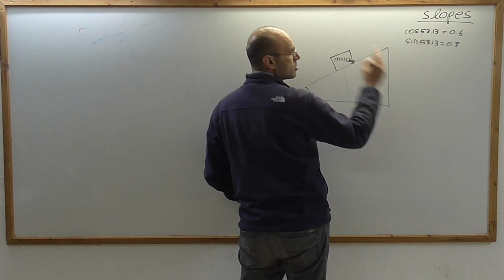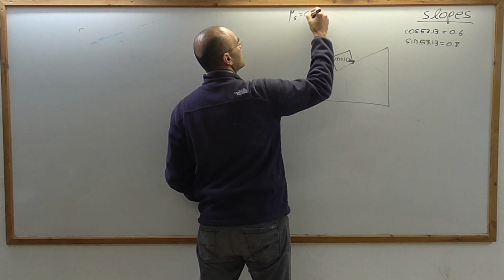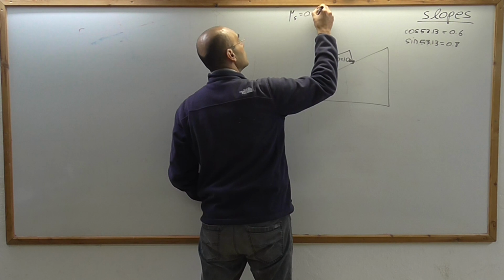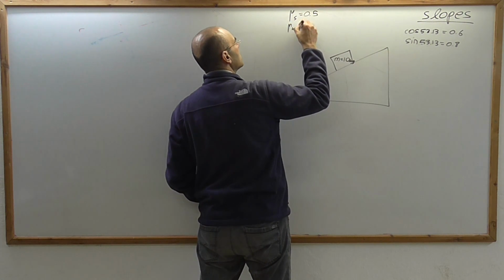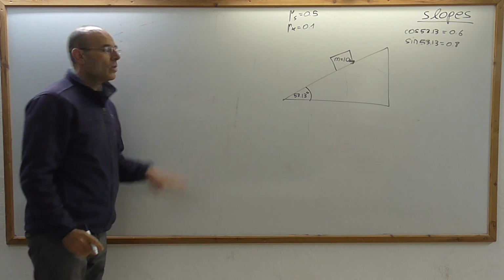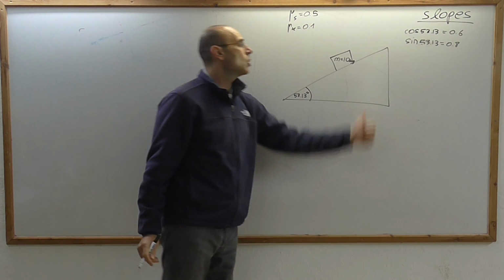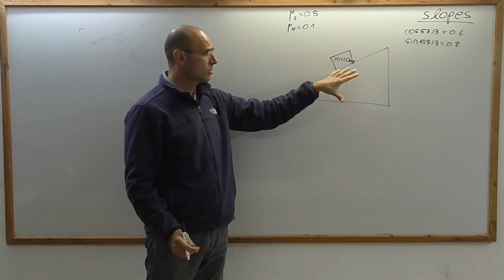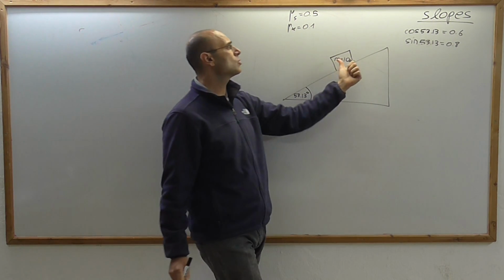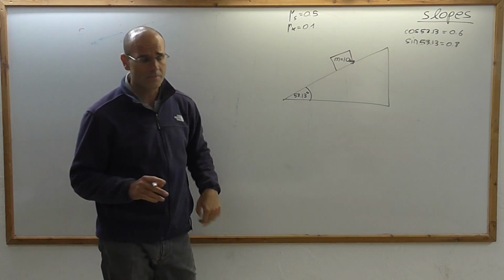But I have also friction. Mu static is 0.5, mu kinetic is 0.1. Okay, I want to know if this object, it's in rest mode now, is going to accelerate downwards or it's going to stay like that.